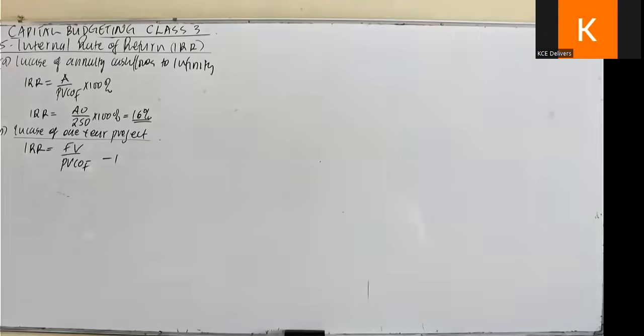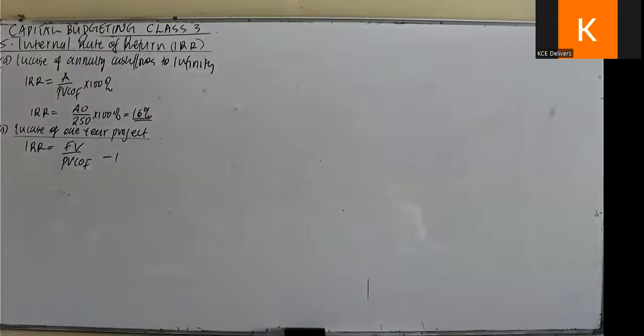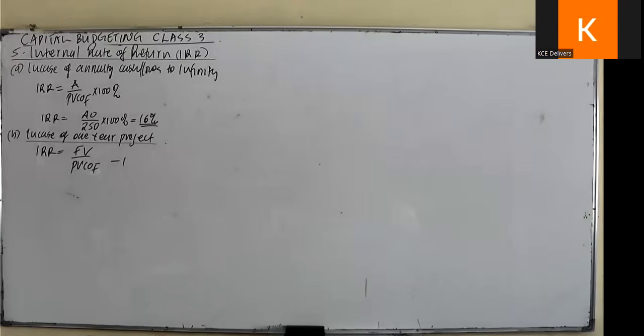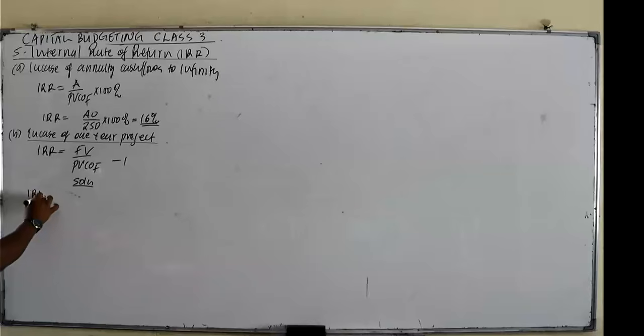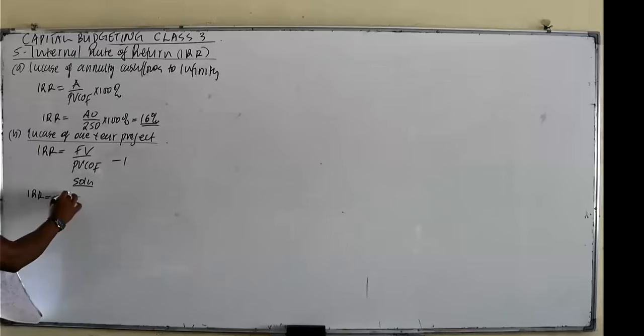Determine the IRR of the project. So in case of a 1-year project, you take the future value. How much do you expect to generate at the end of year 1? 15.